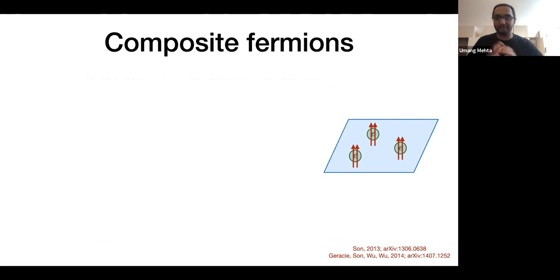So composite fermions in a nutshell are basically electrons on the lowest Landau level that are coupled with magnetic fluxes. So you have the total magnetic field, which you can imagine in some approximations splits up into fluxes that attach themselves to these electrons, and you get a composite fermion in that way. These are pseudoparticle excitations in the various quantum Hall states.